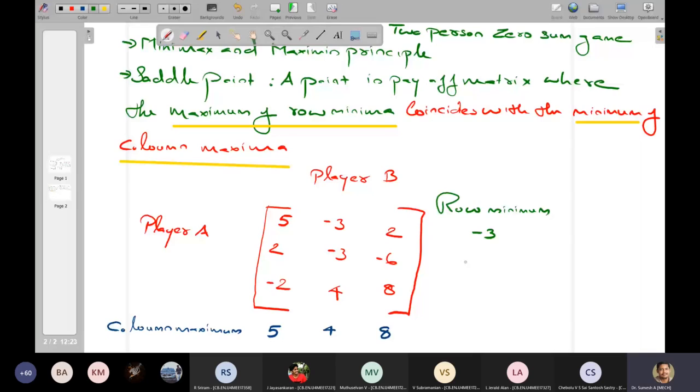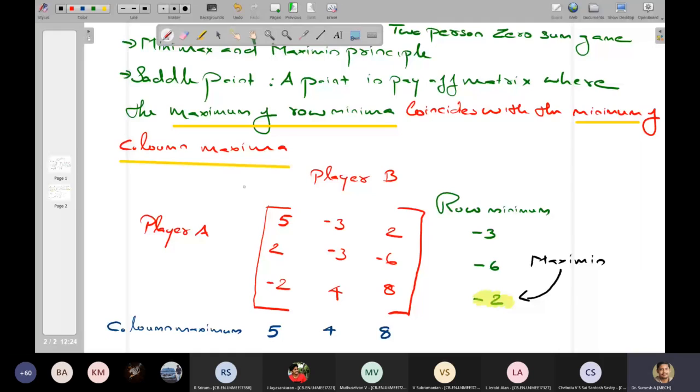For the column operation, which approach are we following? We are following the minimax approach for the column maximum.